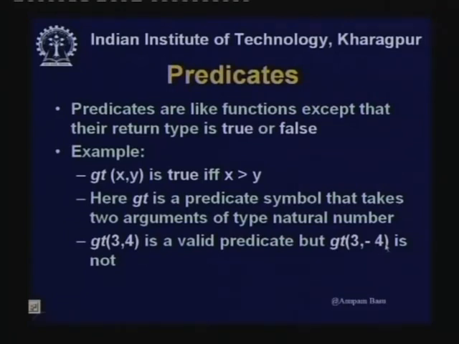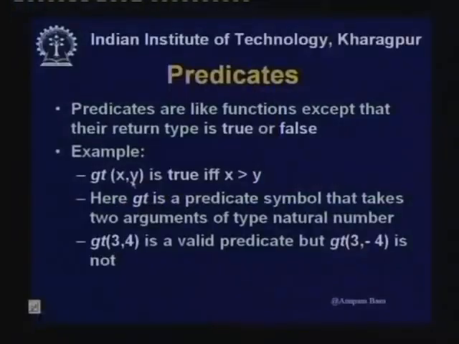Therefore, this one is not a valid predicate. Validity of the predicate has no relationship with its being evaluated true or false. A valid predicate GT x y can sometimes evaluate to true, sometimes to false, depending on what values are given to the variables x and y.